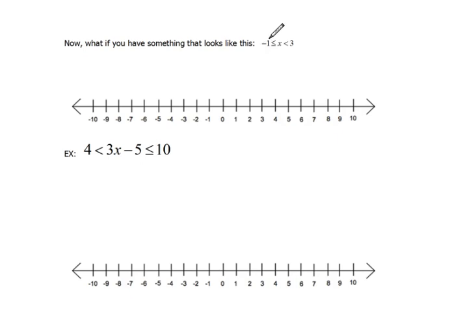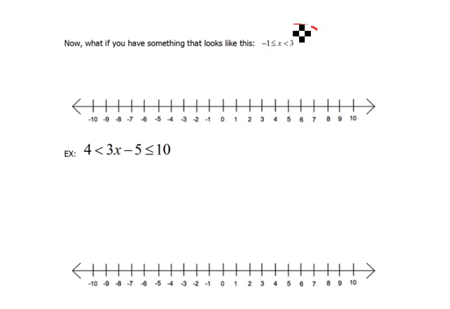Now, let's think about what this means for just a second. This says negative 1 is less than or equal to x, which is less than 3. We could think about that in two parts if we wanted to. We could say that negative 1 is smaller than x, which in turn is smaller than 3.